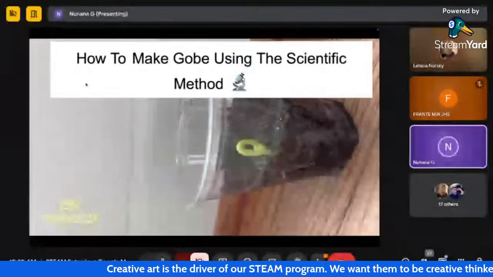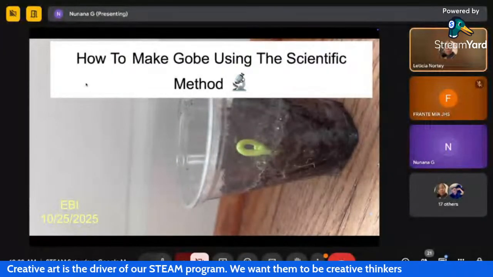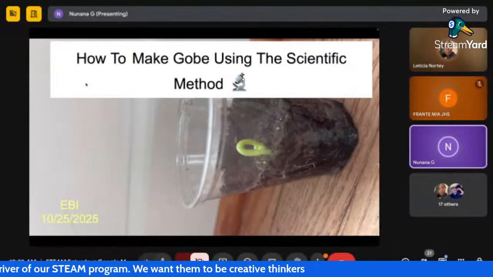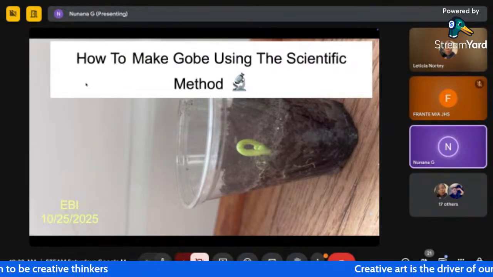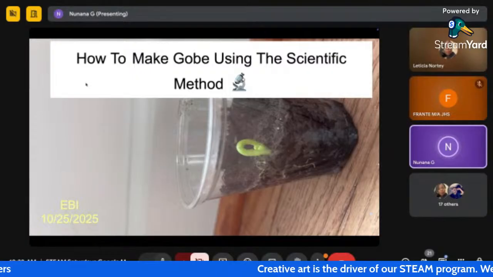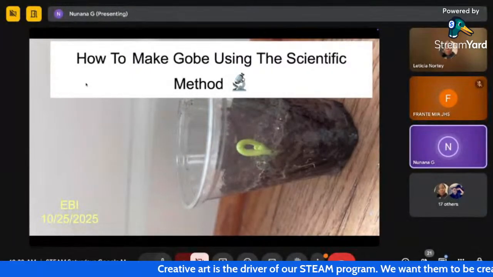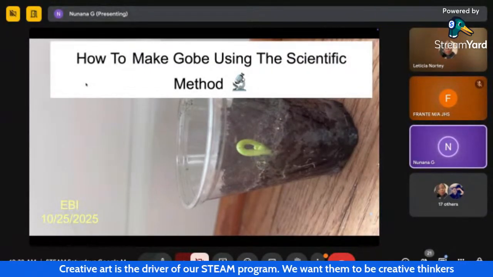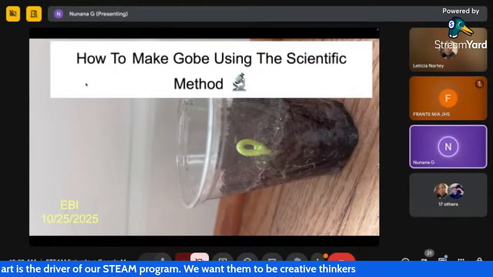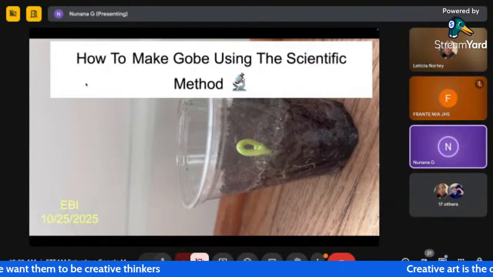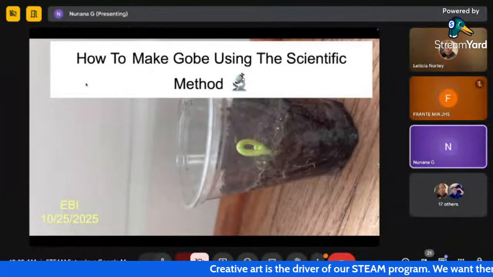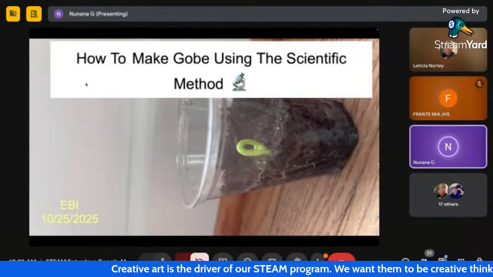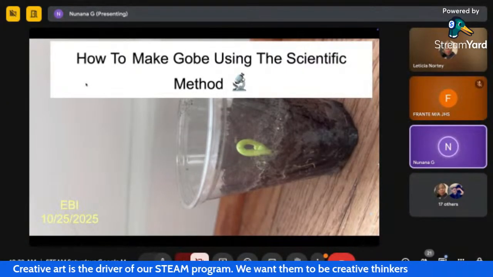I asked you how gobe is made last week, and you told me. Today I asked what the main ingredient in gobe is. You said beans. Then I asked how you get the beans. You said farmers, and somebody said farming, somebody said they planted the beans, and somebody said the bean seed. You see, I took you all the way back as to how to get beans to make gobe.